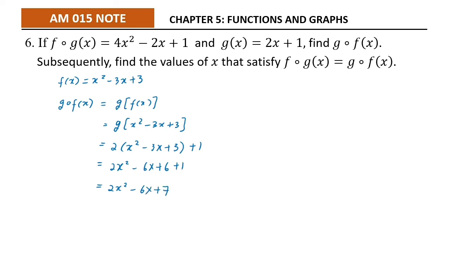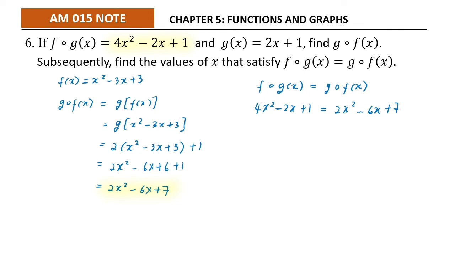And then to find the values of x that satisfy the equation, we have f of gx equals g of fx. f of gx is given as 4x squared minus 2x plus 1, and g of fx equals 2x squared minus 6x plus 7.